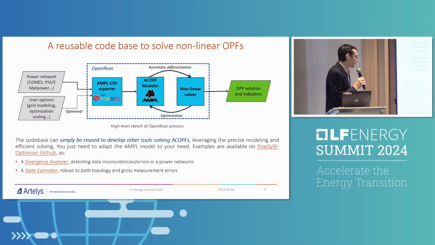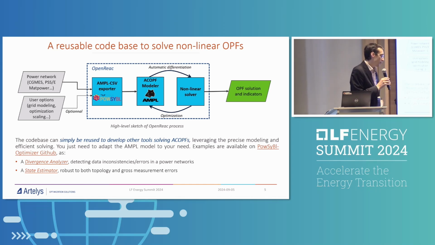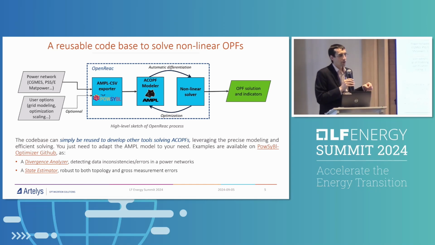And thanks to that, you can use a power network in any format like CGMES or PSSE or MatPower. So we already used it to do some prototypes of other kinds of OPFs, like a divergence analyzer that we use to detect errors or any inconsistency in power networks. So it's a kind of optimizer in the sense that you try to, for example, minimize the losses or just find a solution by excluding some data, by marking as inconsistent the smallest amount of the parameters that are given to you.